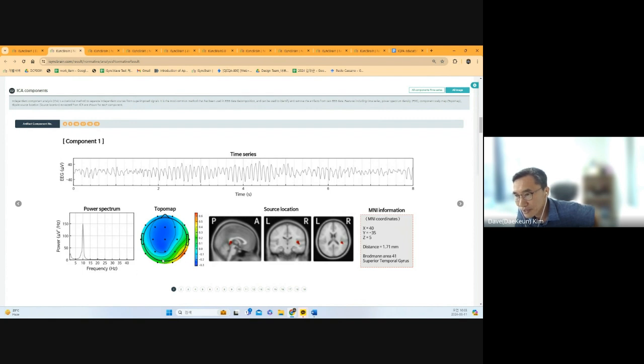Alpha activity is not coming from the posterior area, but from the right temporal area. And the projection is the posterior area, T6, and also the frontal area. The dipole is projected in both opposite directions.